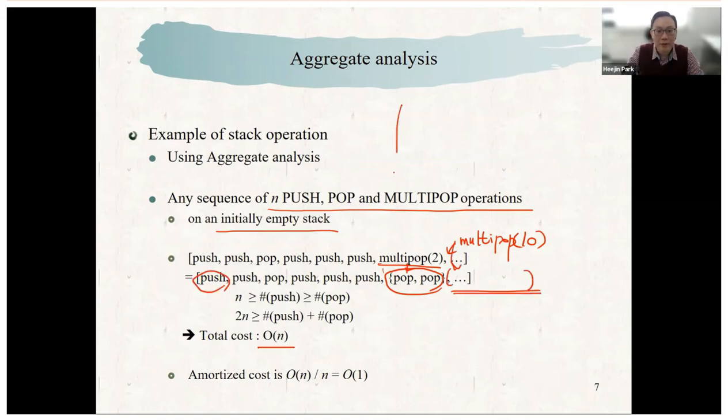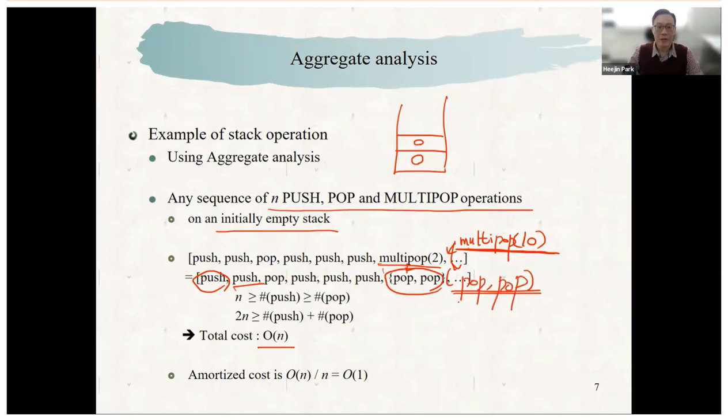Let's see: push, push, and pop, and push, push, push, push, push, push, and pop, pop, pop, pop. So even though the next multipop operation is multipop of 10 items, there are only 2 items in the stack, so it is converted to 2 pop operations.